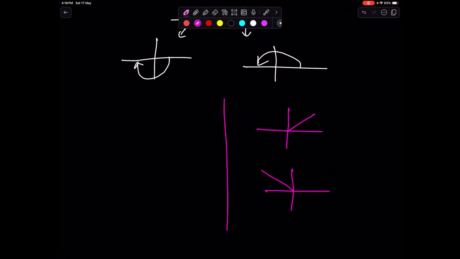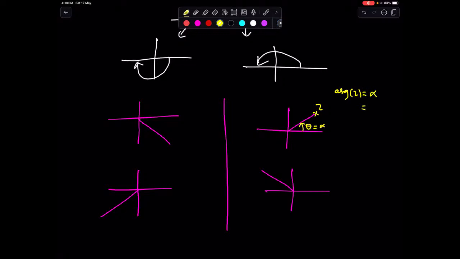There are 4 possibilities. So first do this one. Let's suppose complex number z is here, so its argument is alpha. This is theta and this is also equal to alpha.